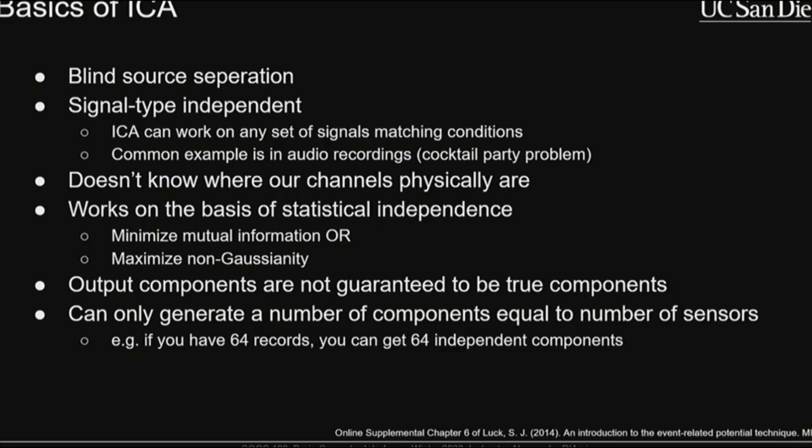For example, if none of your sensors are maximally picking up blink activity, or the muscle activity you get from the temporal electrodes, then you might not have enough representation in your signals to separate that into, okay, this is my alpha rhythm, this is my beta rhythm, this is where this ERP lives, and now we see the 60 hertz noise channel, the eye blink channel, and the muscle noise channel. So you might not be able to separate those as well if you're not recording them in a well-distributed manner, if that makes sense.